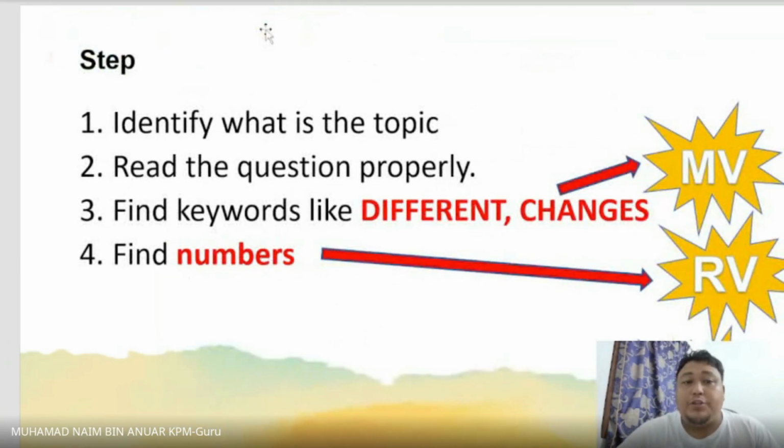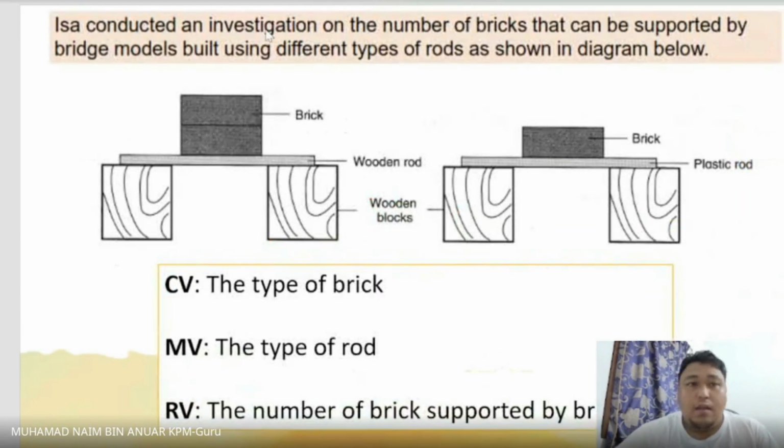Number 3. Find keywords like different and changes. Different and changes hint at one thing, which is MV, manipulated variable. Let's see. Lisa conducted an investigation on the number of bricks that can be supported by a bridge model built using different types of rod. I put a red color.